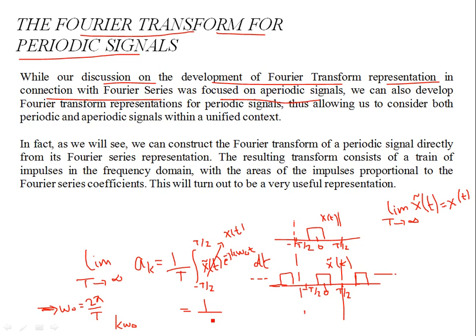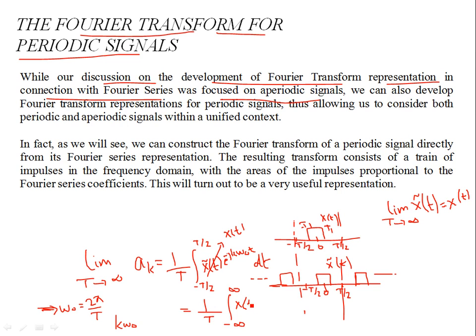This expression can be written as 1 over T, and since x(t) is only non-zero between a certain time instant, call this minus T1 to plus T1, it doesn't matter if I change the limit from minus infinity to plus infinity, and this becomes x(t).